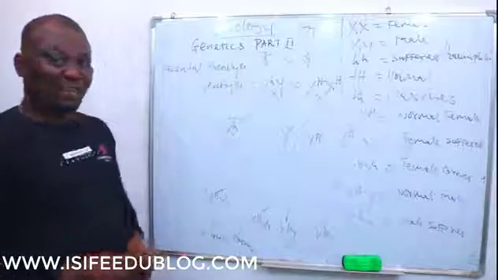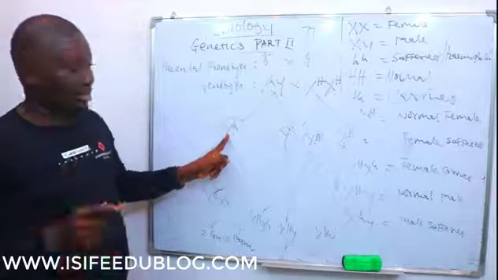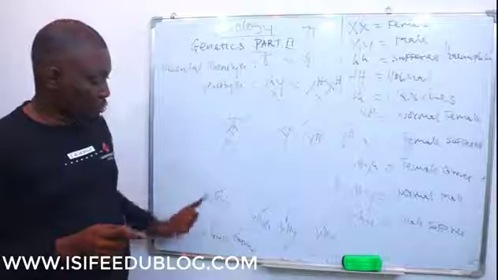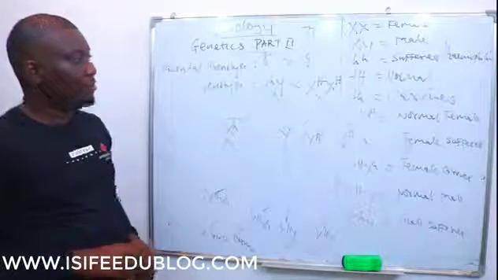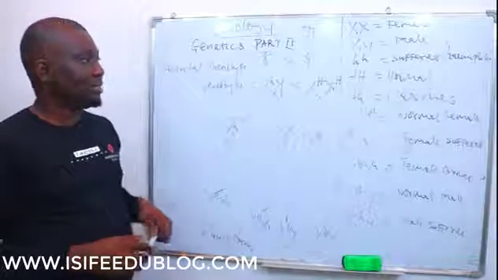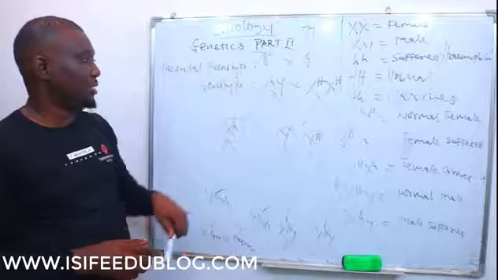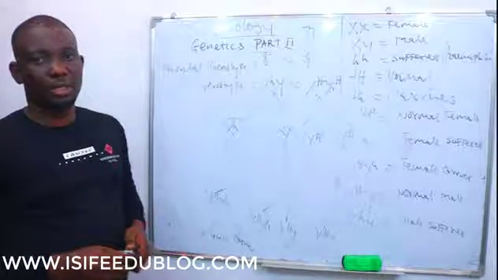This is when the man has the trait for the disease: he transmits it to the daughters, and it does not infect the sons. But if the woman is the person suffering from the disease, you can pause the video and do the crossing.